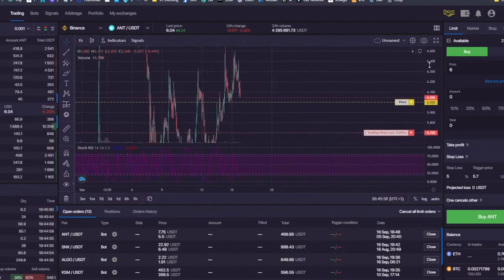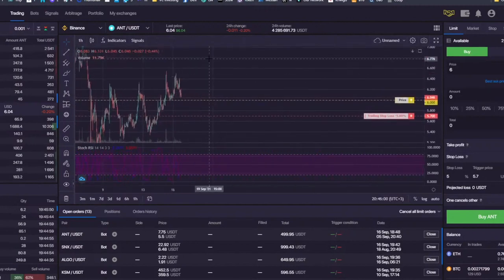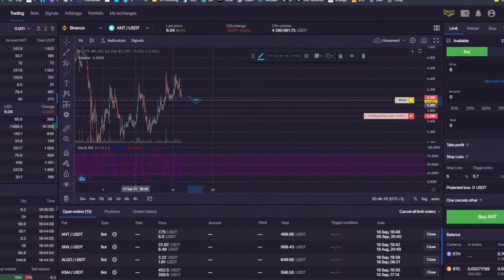Okay, so that's what we have here. Once the price falls here, it triggers this yellow order, which is in this case a buy order. Your stop loss will be plotted on the exchange, and if the price starts to rise, then the stop loss that you set is not going to stay here.